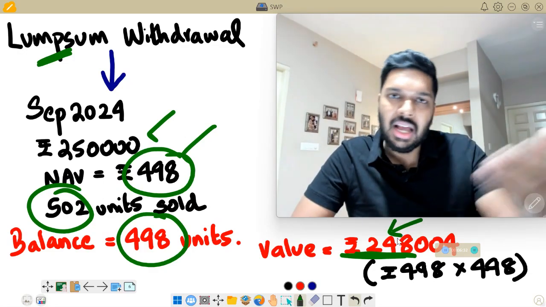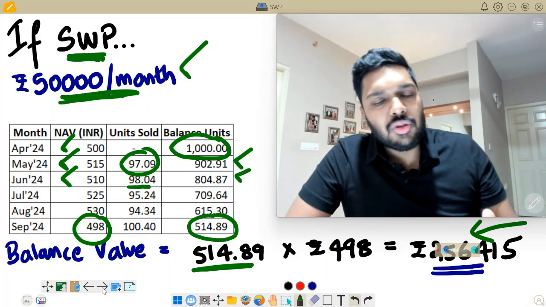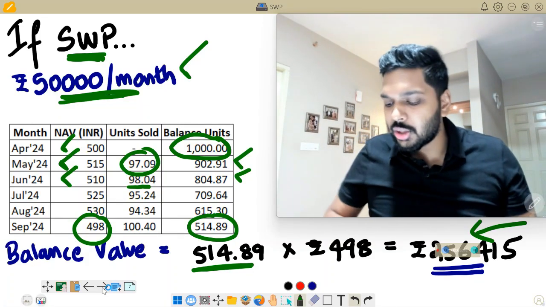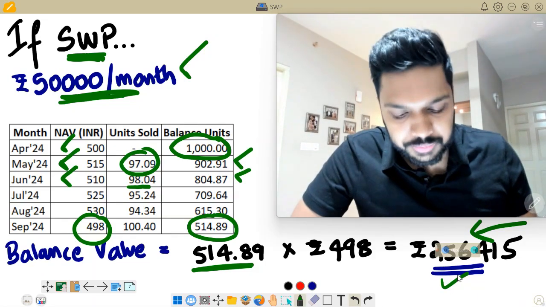that is left in your hand after you did a lump sum withdrawal. And with 50,000 rupees withdrawal using the SWP scheme, you ended up with a balance of around 2,56,000 rupees, which is much more than the previous approach.